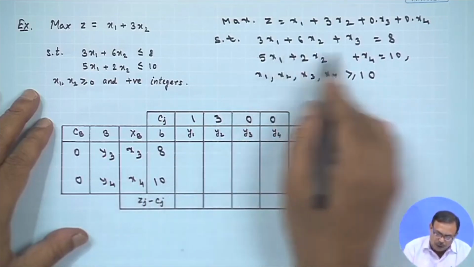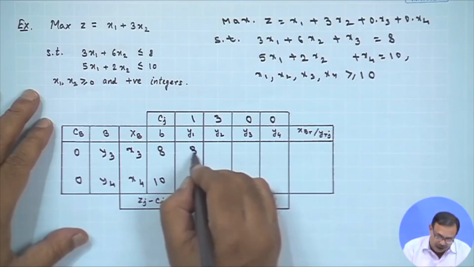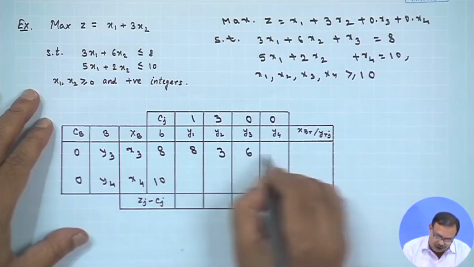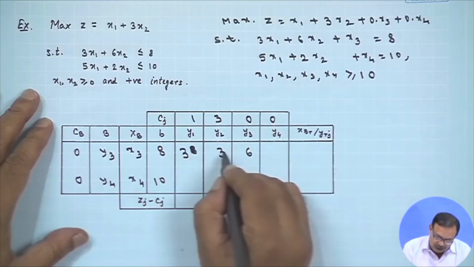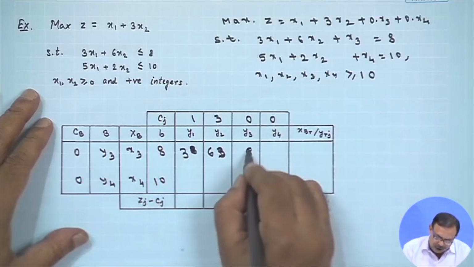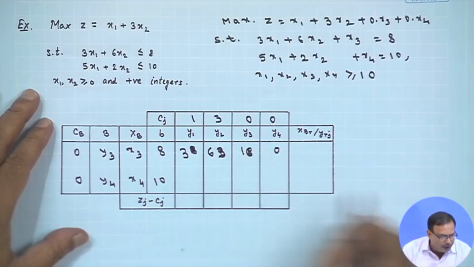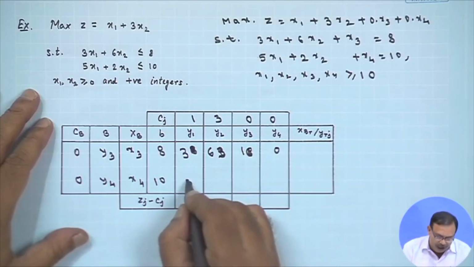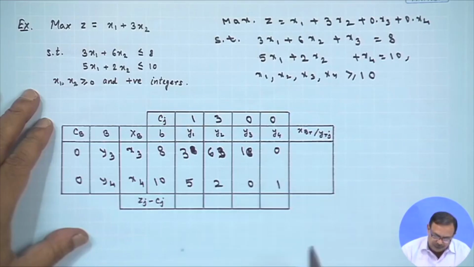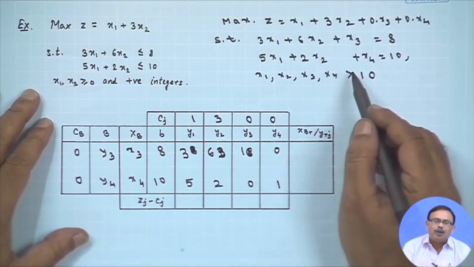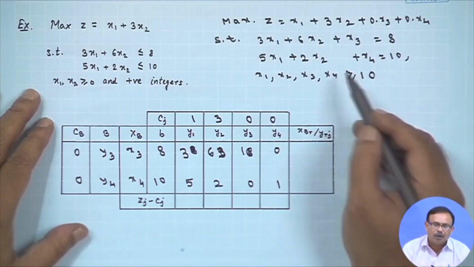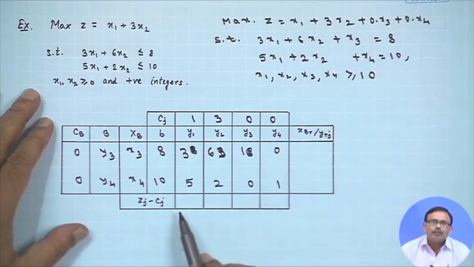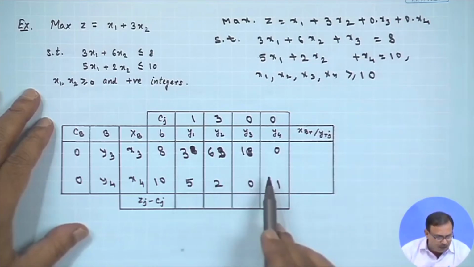Now, write down two rows as usual: 8, 3, 6, 1, 0, and the next one is 10, 5, 2, 0 and 1. So, from this original problem you are converting into the standard form, and after converting into the standard form you are formatting the corresponding table.